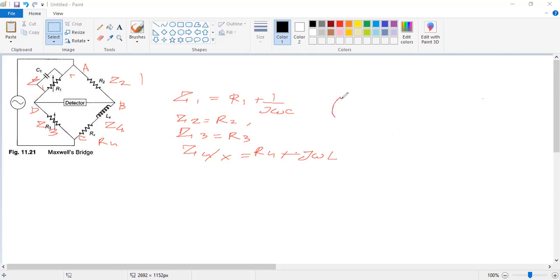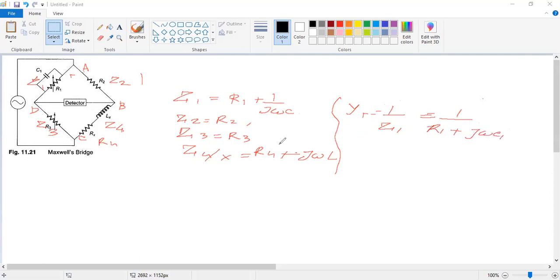Y means admittance. 1 by Z1: this is impedance, this is admittance. So Y1 is 1 by R1 plus j omega C1.